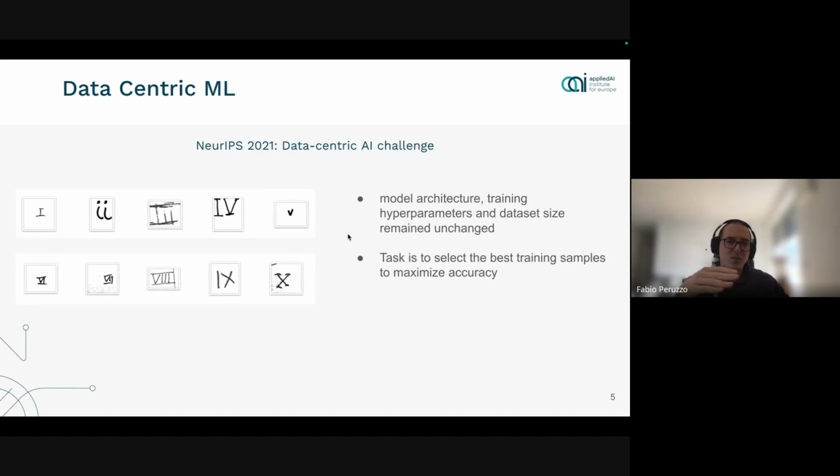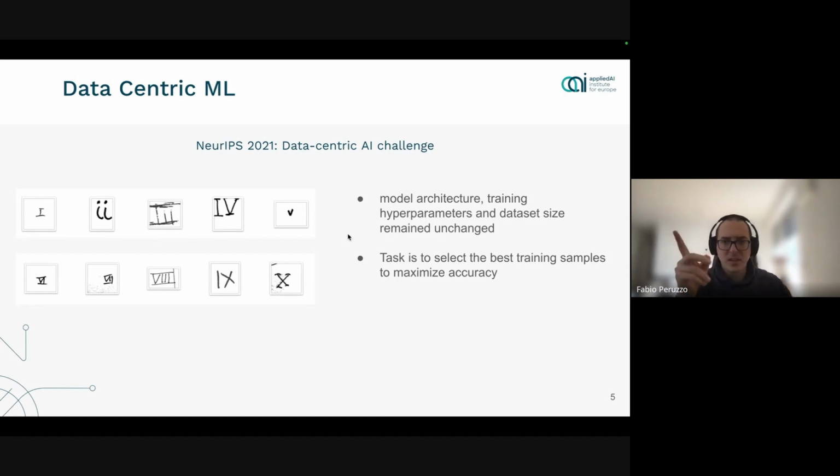But instead of having to play with model architecture or hyperparameters, as in the classic Kaggle competitions, the framework was completely shifted. The model architecture, hyperparameters, and dataset size were fixed. But what participants had to do was to loop over a training dataset and select a subset of the big training dataset that would maximize the accuracy.